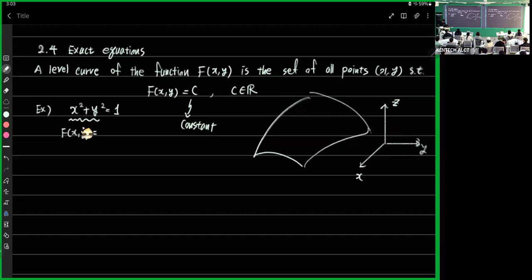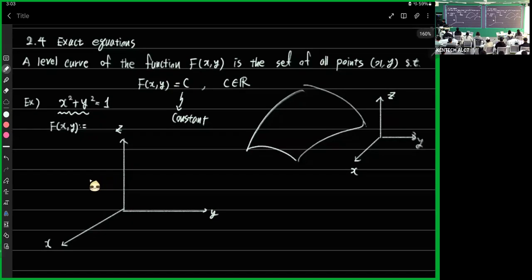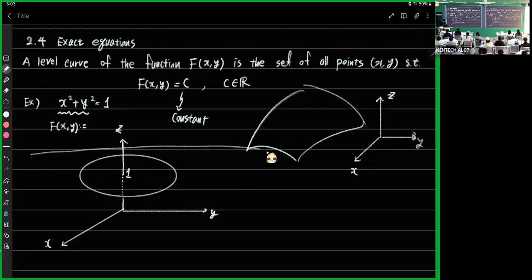For example, x squared plus y squared equals 1 is a circle in three-dimensional space, at z value 1, so it is above the xy plane by 1 unit.